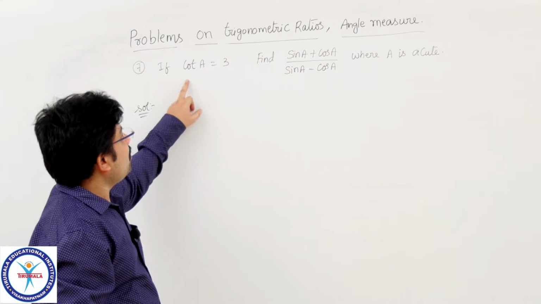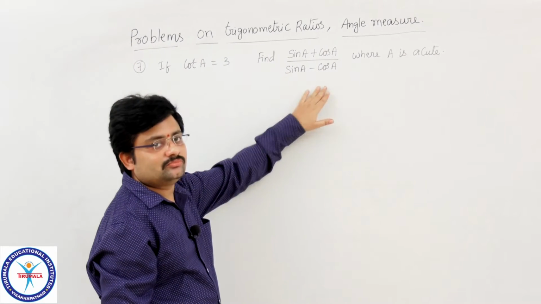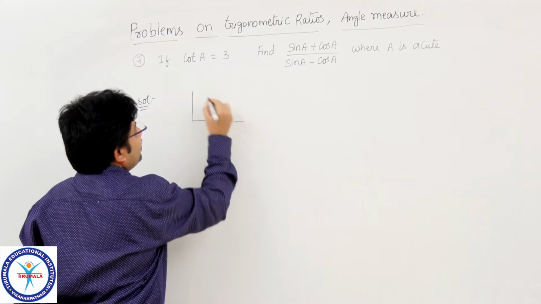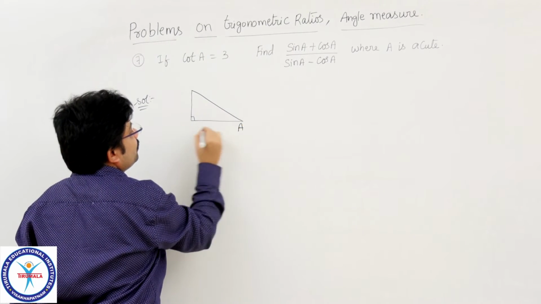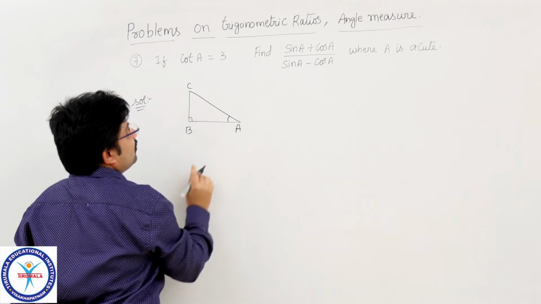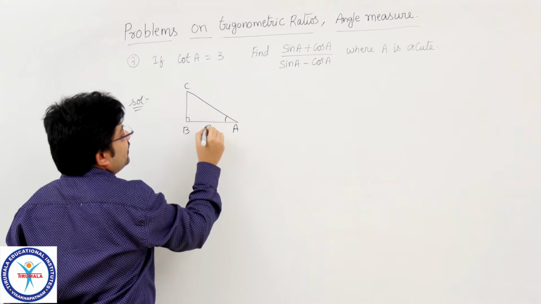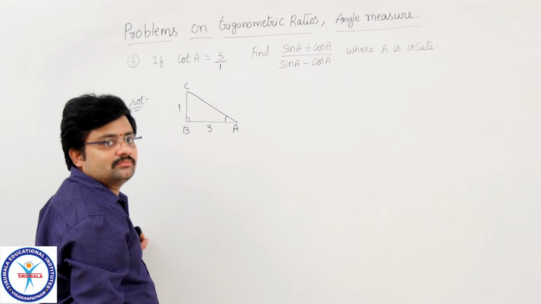Given that cot A is equal to 3, now we have to find this value. Similarly, draw a right angle triangle ABC. Cot A is nothing but adjacent side by opposite side. This is 3, which can be written as 3 by 1. Opposite side is 1.